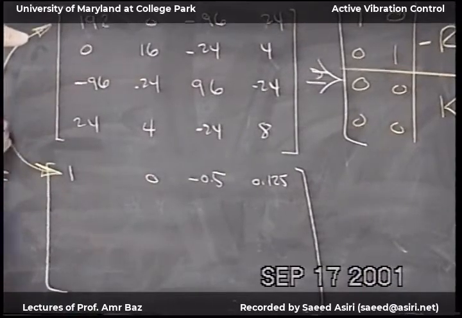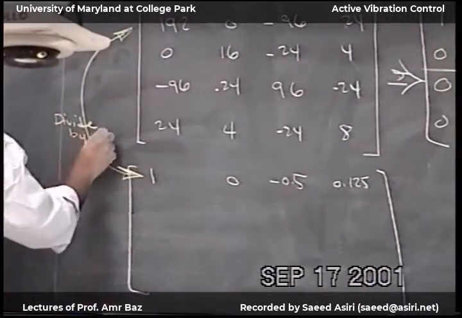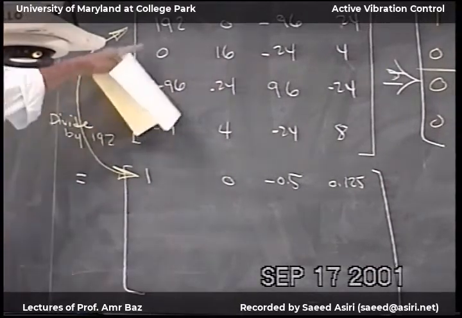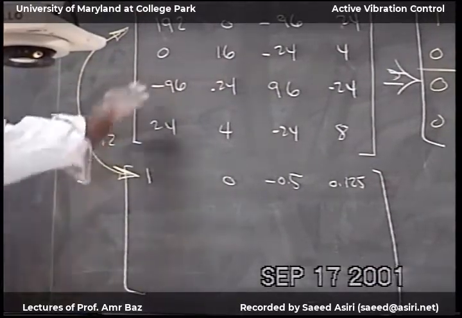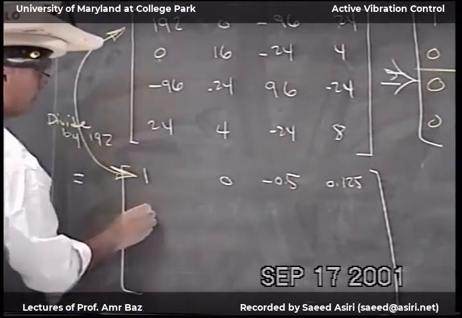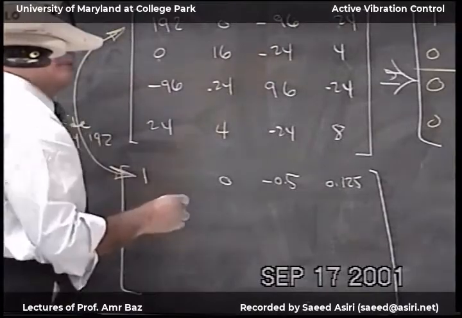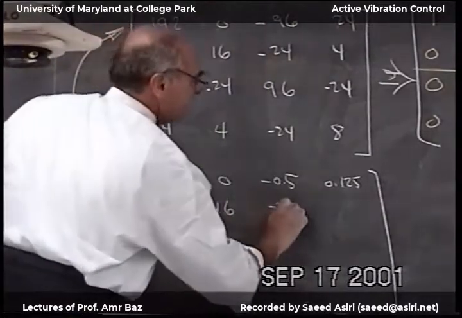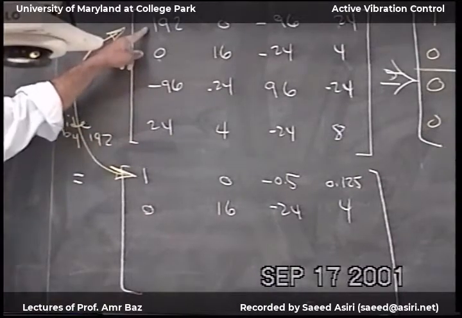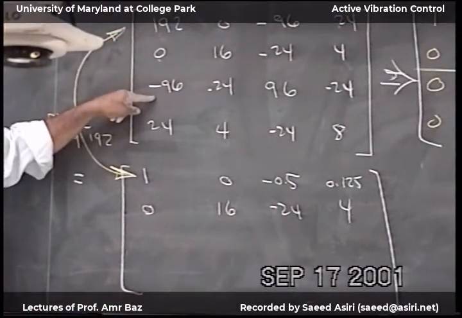Divide by 192. Then now I'm going to eliminate the entire column. This is very easy because it's already 0, so I don't have to do anything and the row will stay as it is. 16 minus 24 and 4. Now here I'm going to multiply by 1/2 and add.